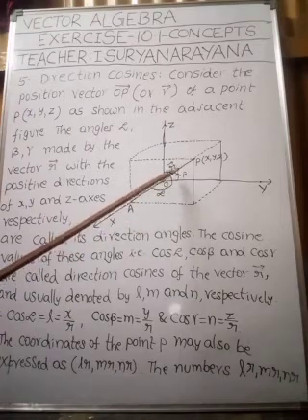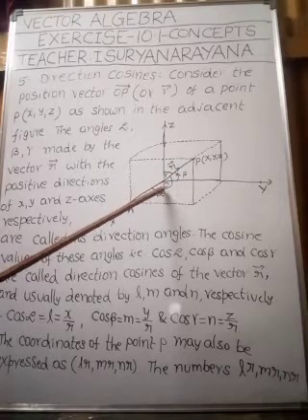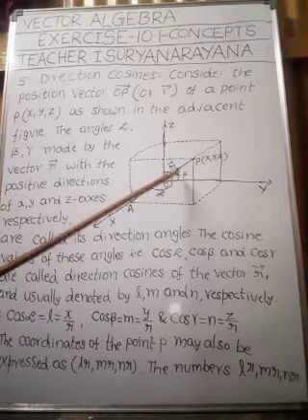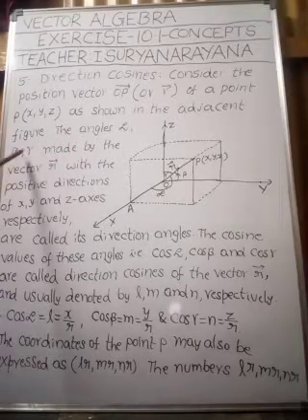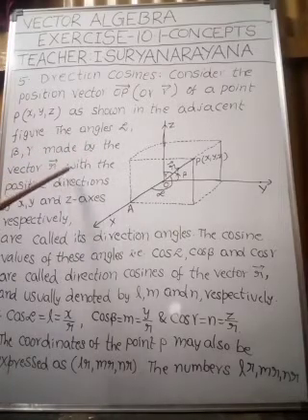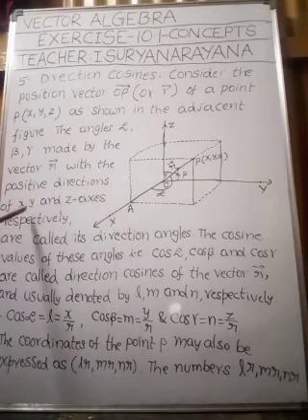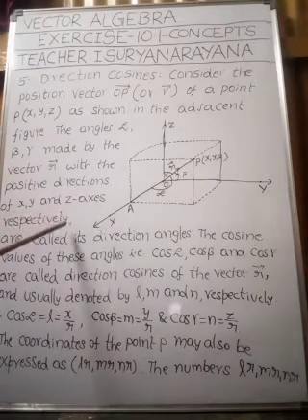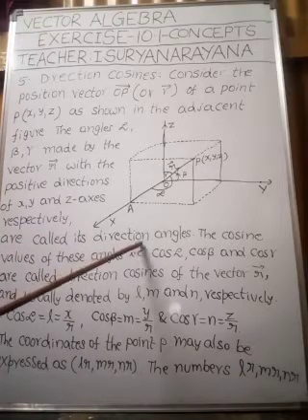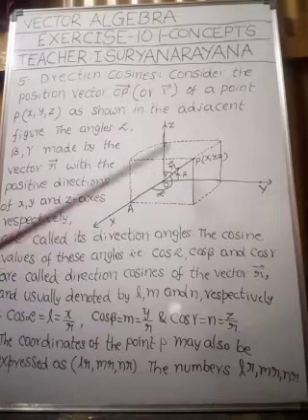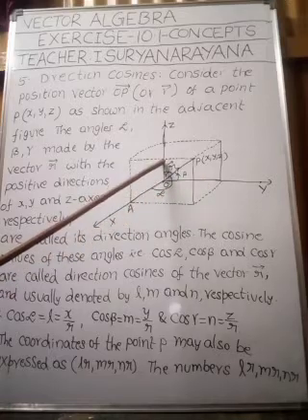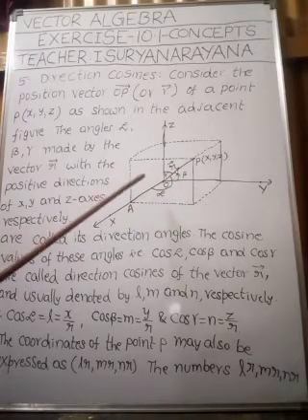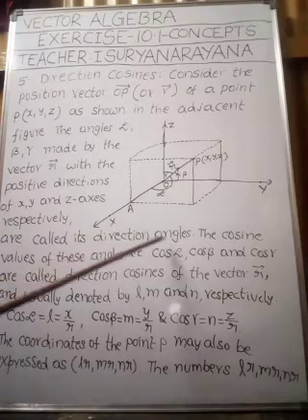Now, if this OP vector or R bar makes an angle alpha with the x-axis, angle beta with the y-axis and angle gamma with the z-axis, then the angles alpha, beta, gamma made by the vector R bar with the positive directions of the x, y and z axes respectively are called its direction angles.